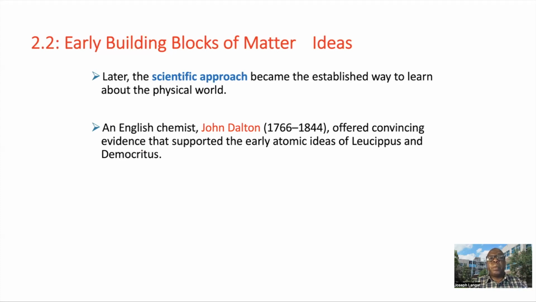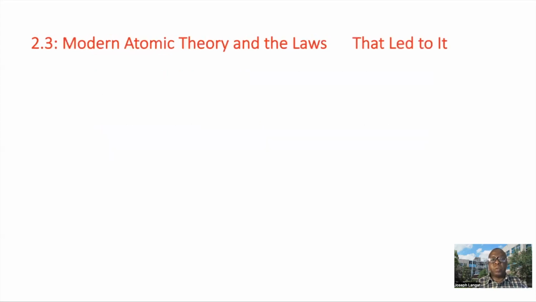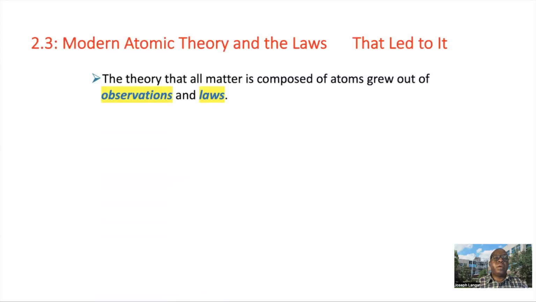He came up with a theory. He didn't do any experiment, but remember there are about 5 postulates which he proposed. We're going to look at each one of them.